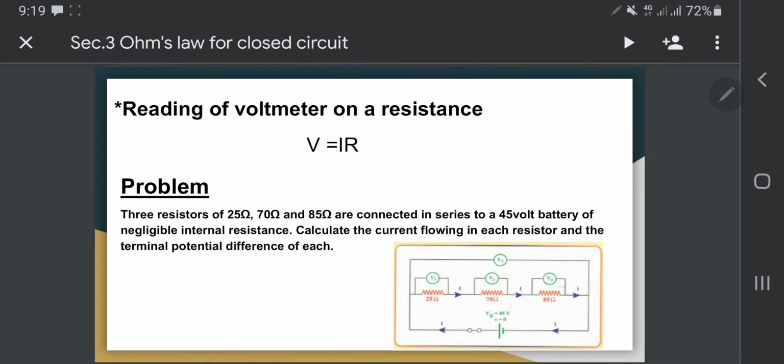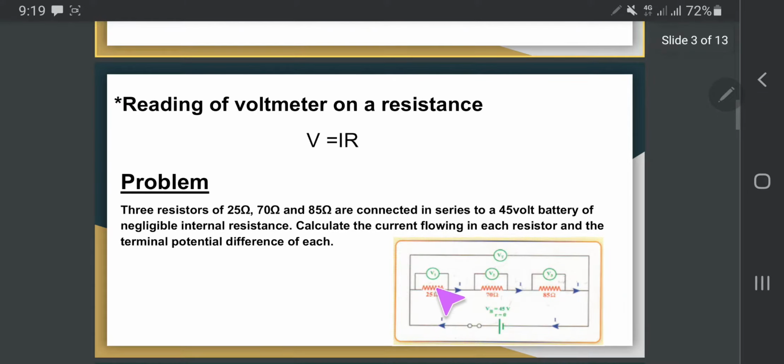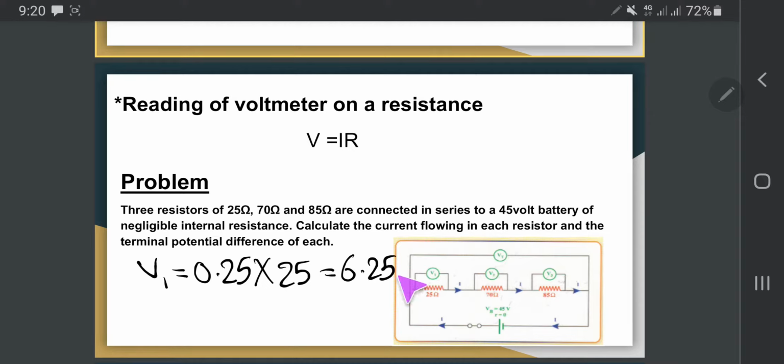Okay, and calculate the terminal voltage, the potential difference of each: V1, V2 and V3. This is a voltmeter on the resistance, so V equals IR. V1 equals the total current 0.25 times R1, which is 25, because this current passes through all the resistances, equal 6.25 volt.